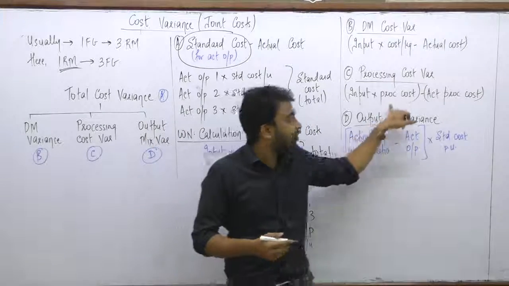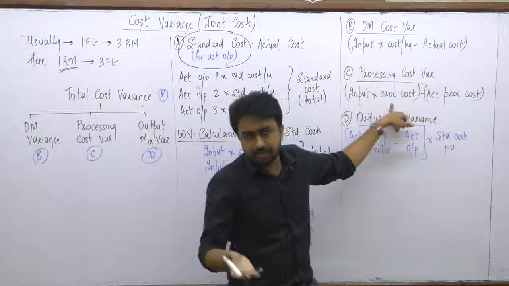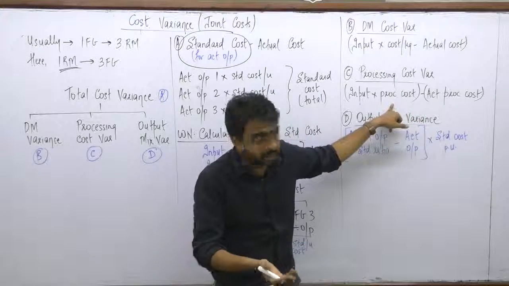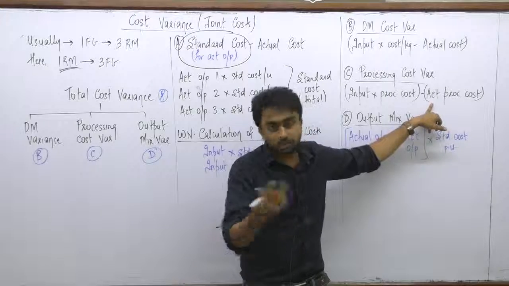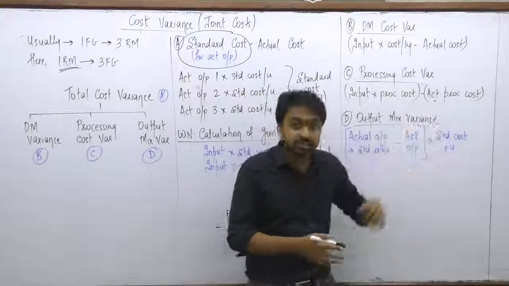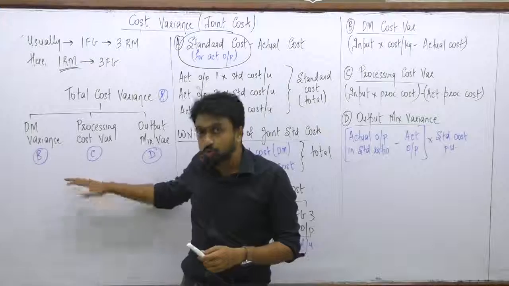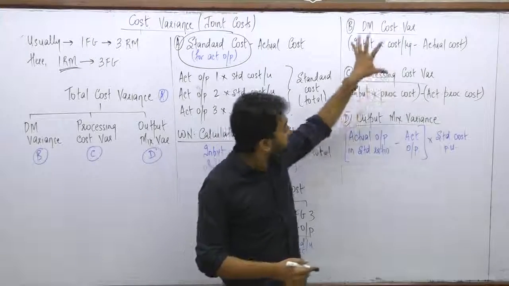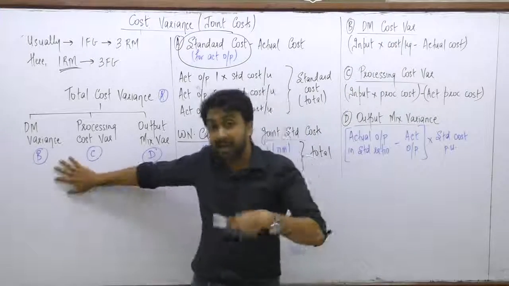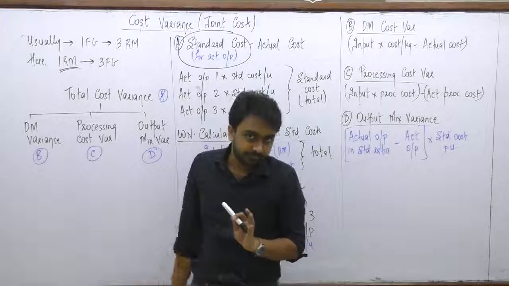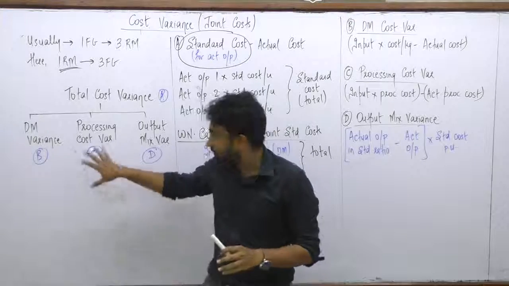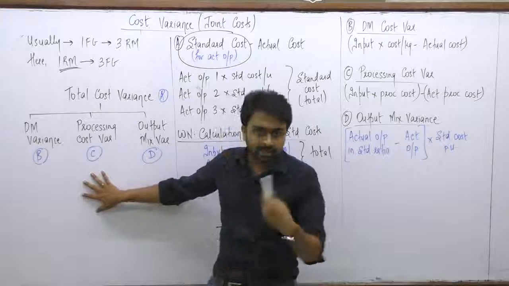I should have spent 5 rupees per kg on processing, but maybe I spent 6 rupees, you never know. So this is the reason of total cost variance due to processing cost changing. The previous was a reason due to me buying at a higher or lower price. So 2 variances are sorted, one for DM, one for processing.